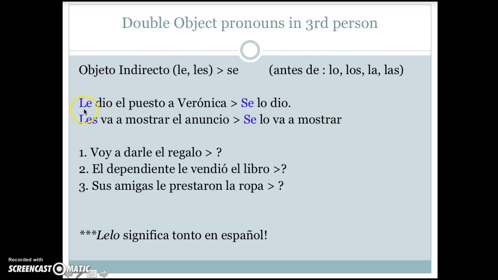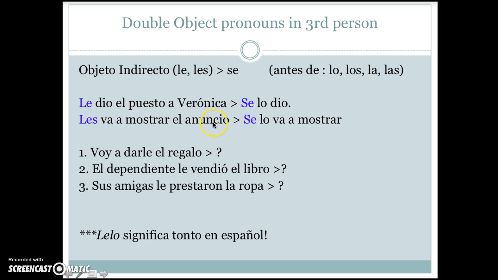Here we have an example, le dio el puesto a Verónica. This is fine, we only have the indirect object pronoun, but once we want to use the direct with it, right, he gave it to her, we can't say le lo, so we change the le to se. He gave what? El puesto. To who? To Verónica, le, but we can't say le lo, so we change le to se.